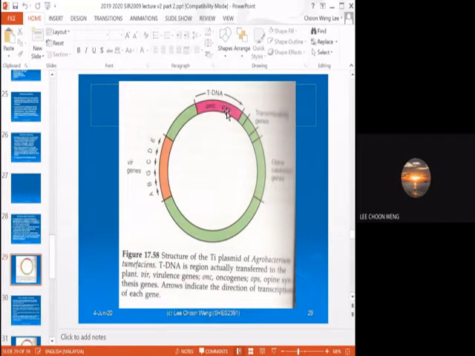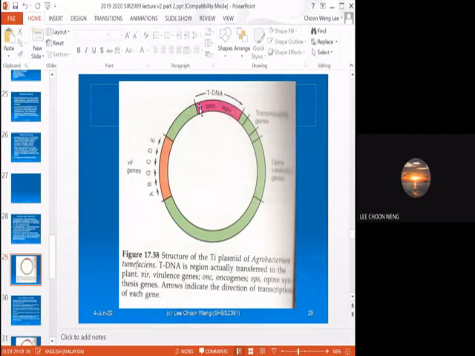Okay, so opines are carbon-based molecules, so they are actually a form of food for the bacteria, because Agrobacterium tumefaciens has opine catabolic genes. So only Agrobacterium tumefaciens can degrade the opines.